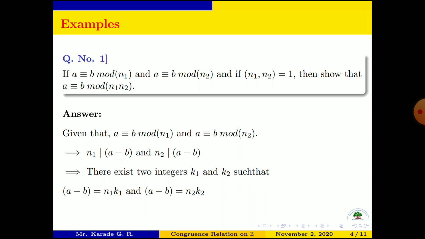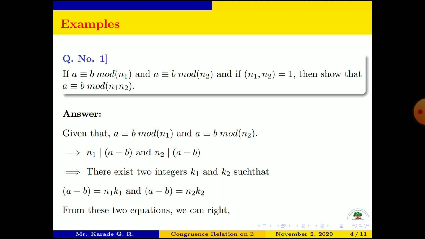That is, A minus B must be a scalar multiple of n1 and A minus B must be a scalar multiple of n2 also. Scalar means integer multiple of n1 and integer multiple of n2.